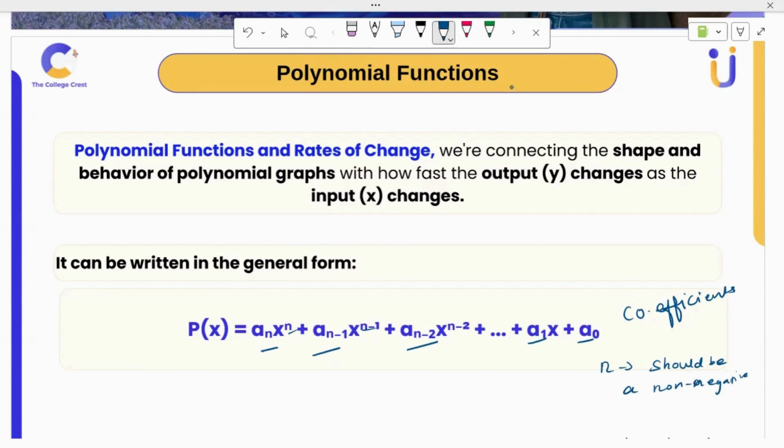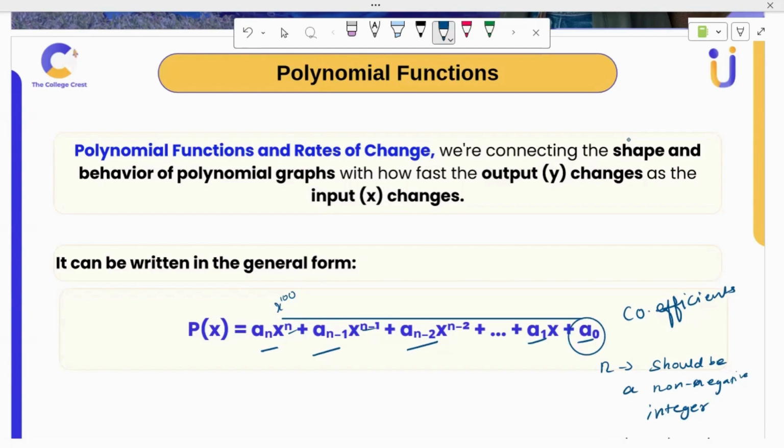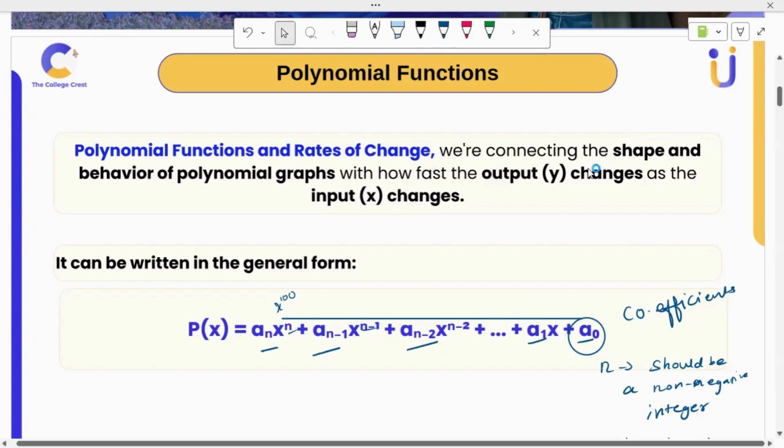No, that is not a polynomial. Non-negative integer it should be. Right? And generally you should write the polynomial in decreasing order of powers. So x power 100 means you go like x power 99, 98, 97 in such a way. And the final one will be a pure constant without any variable. Right? So this is the polynomial function in general form.